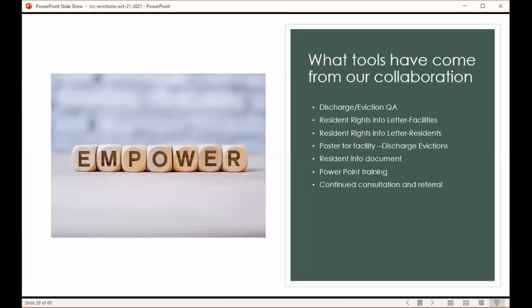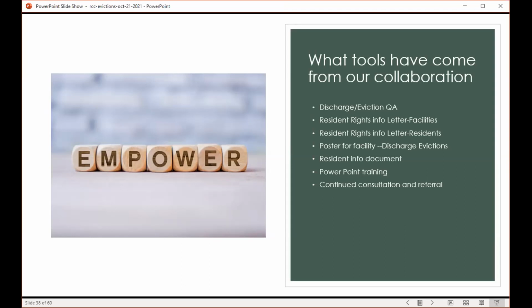One of the first things we did after reaching out to these agencies was, in 2020, we put together a seminar and presented it during Residents' Rights Month.